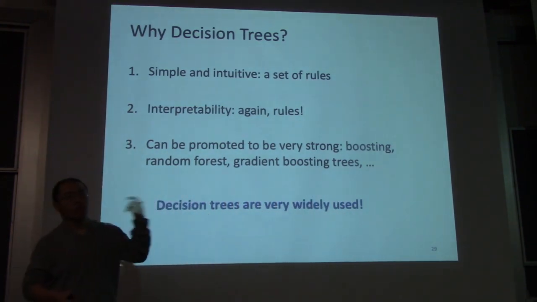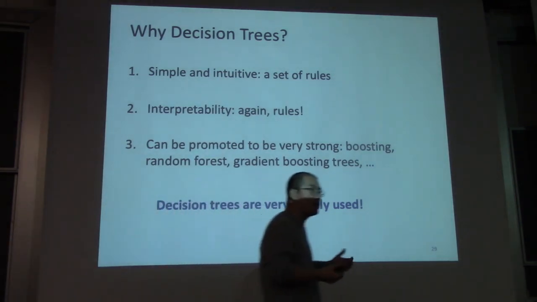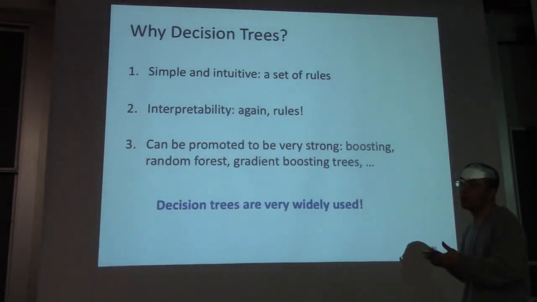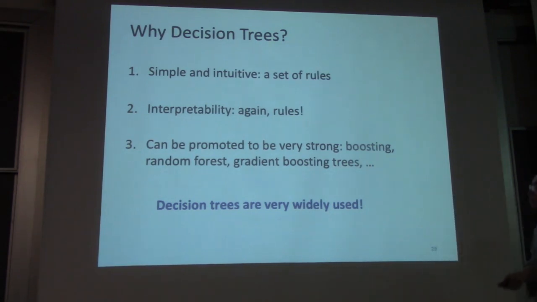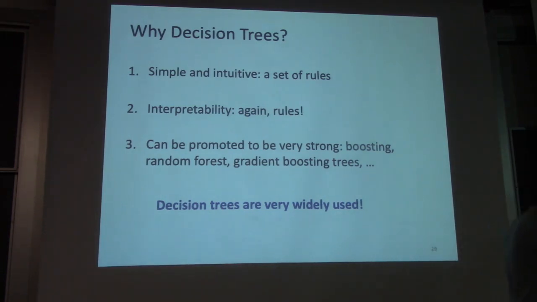So when you use a decision tree to make a prediction, you know why it works. You know why it fails. And you can debug: okay, it fails because of some node, and then I just supplement this node with more training data. That's it. It's unlike deep neural nets. Right now, there is a lot of hype about deep neural nets, but they have a big problem in interpretability.